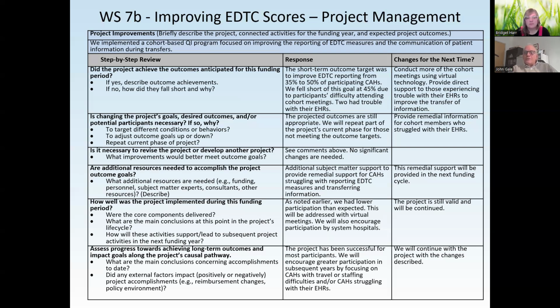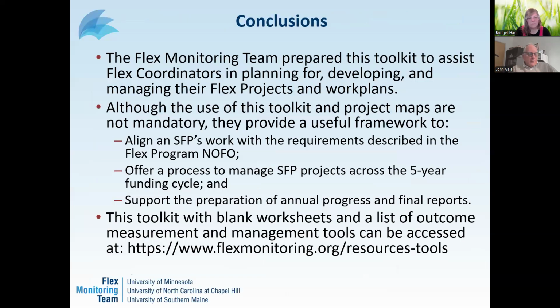In subsequent years, you'll be looking at improved metrics. Where were they on the measures, including the overall composite score, and then finally looking towards the latter part of the cycle at the errors and unnecessary emergency department or preventive admissions.